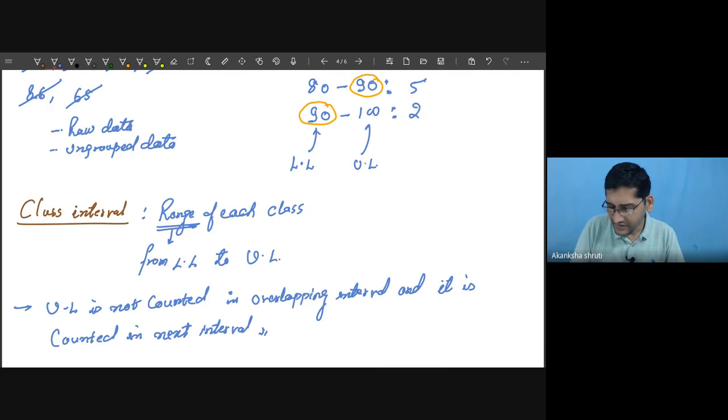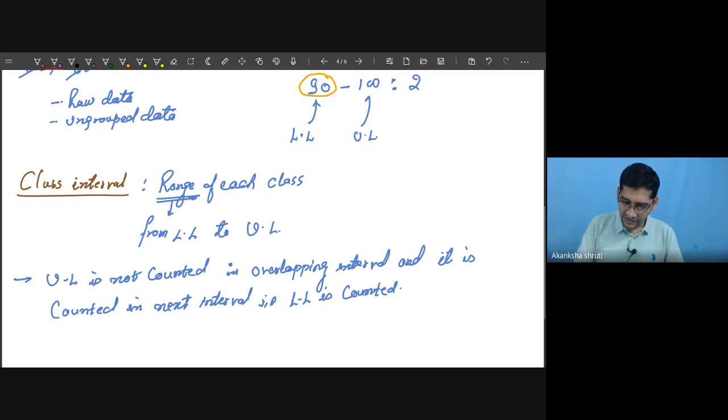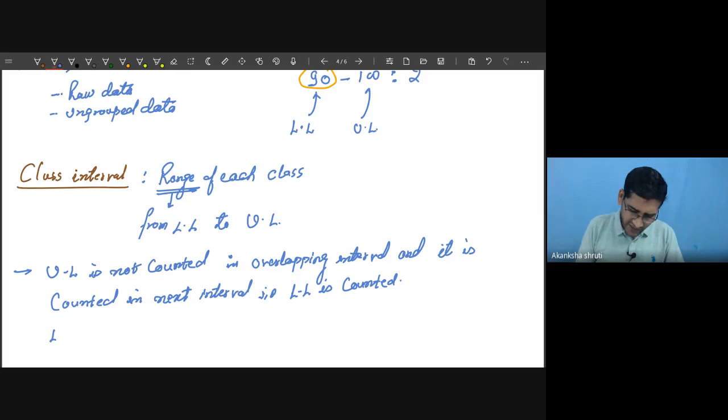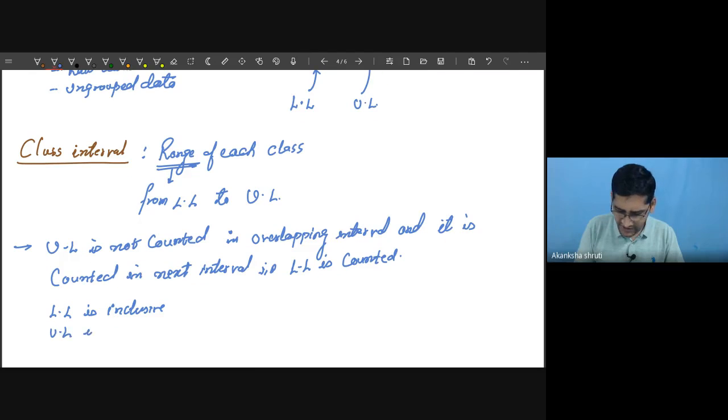That is, the lower limit is counted. So this statement is written as: lower limit is inclusive, meaning included, and upper limit is exclusive, or excluded.